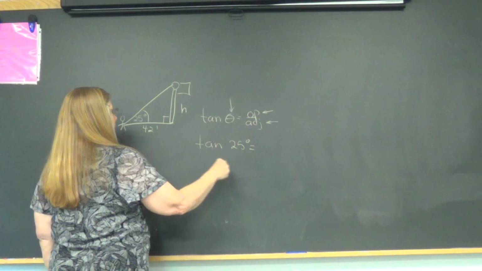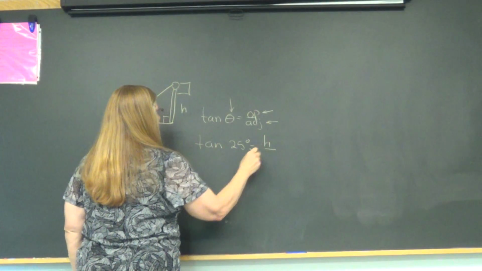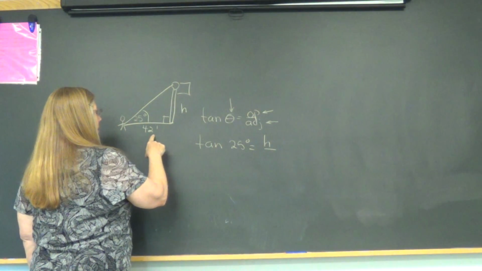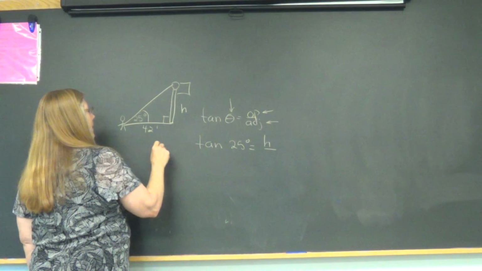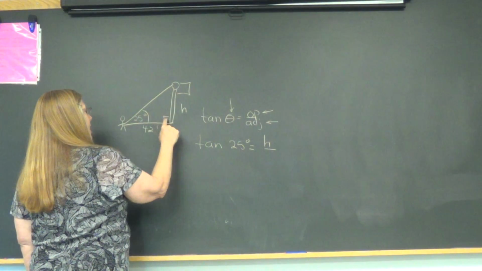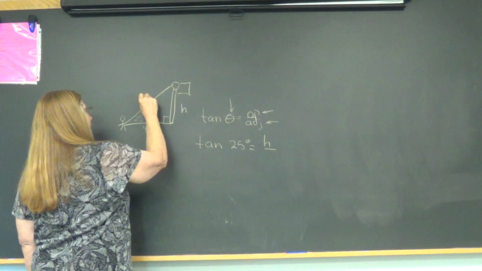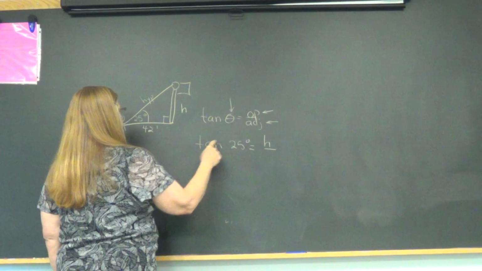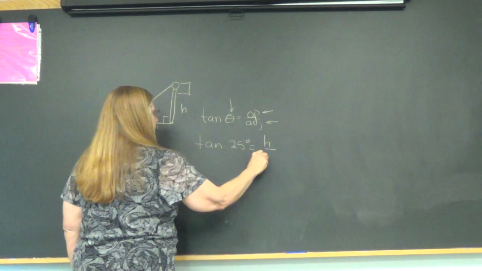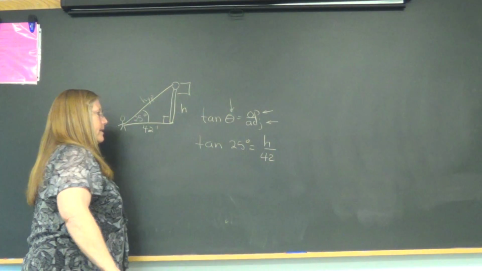So across from the 25 is h for height, and adjacent is this side. Some people choose this side, but that side is opposite the right angle, it's the hypotenuse, and there's no need for the hypotenuse in this problem. 42 is the side adjacent.